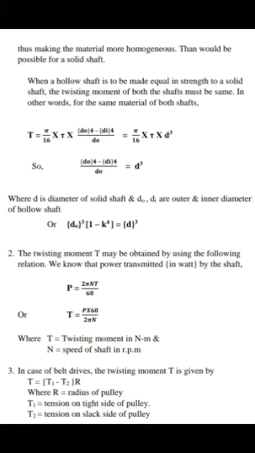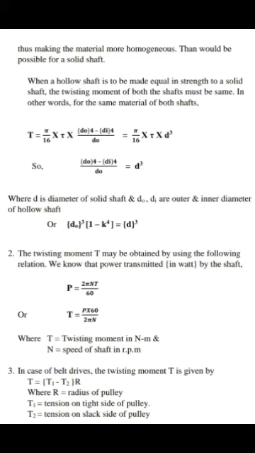Pi by 16 into tau cancelling on both sides, we will have (d0^4 minus di^4) upon d0 equal to d^3, where d is the diameter of the solid shaft, and d0 and di are the diameters of the hollow shaft. So d0^3 (1 minus K^4) will be equal to d^3. So the above equations may be used to determine the inside and outside diameters if required for a hollow shaft.